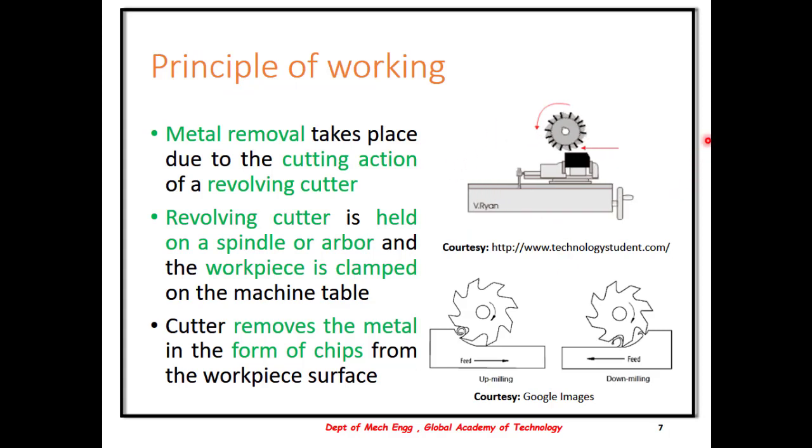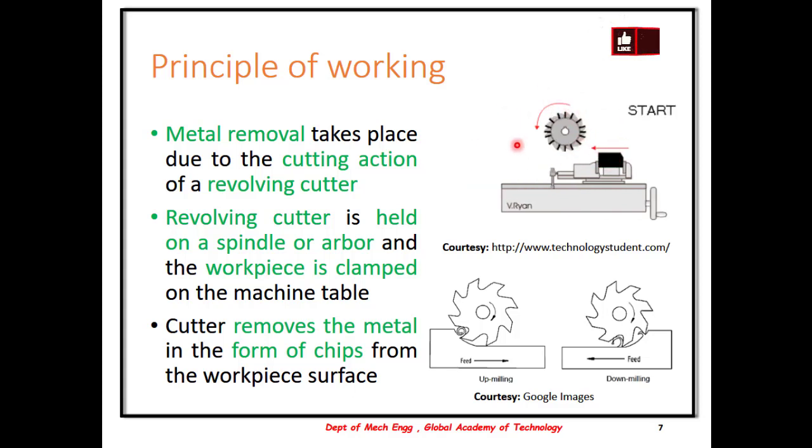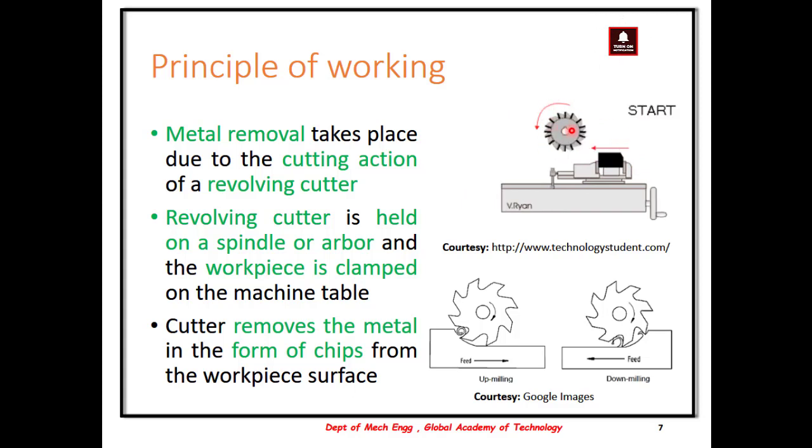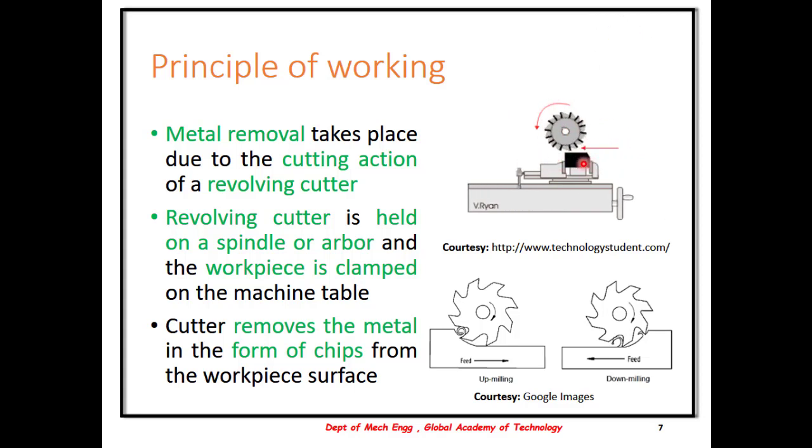The principle of milling involves the metal removal taking place due to the cutting action of a revolving cutter, which is already mentioned. What happens is the revolving cutter is held on to a spindle and the workpiece is clamped rigidly onto the table. The cutter rotates and removes the metal of the workpiece in the form of chips from the surface of the workpiece.